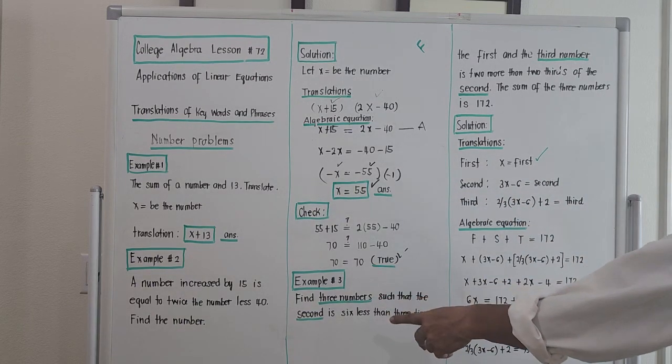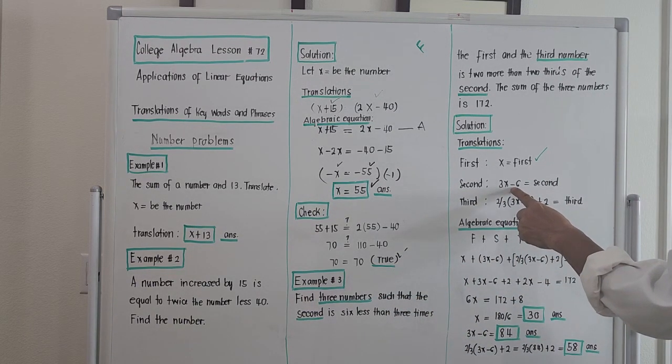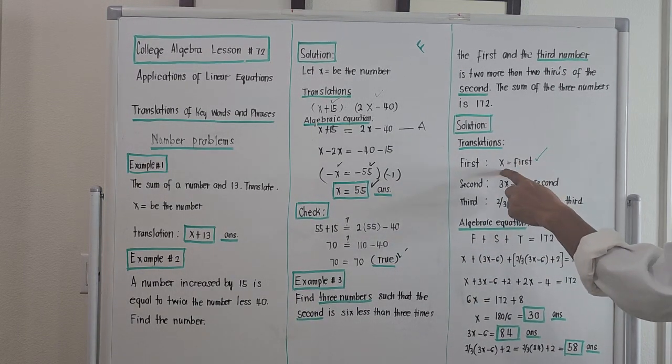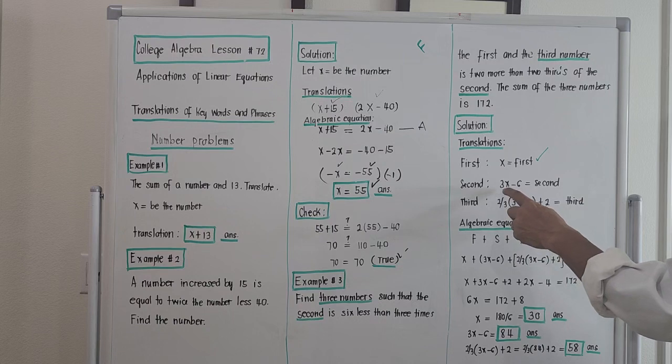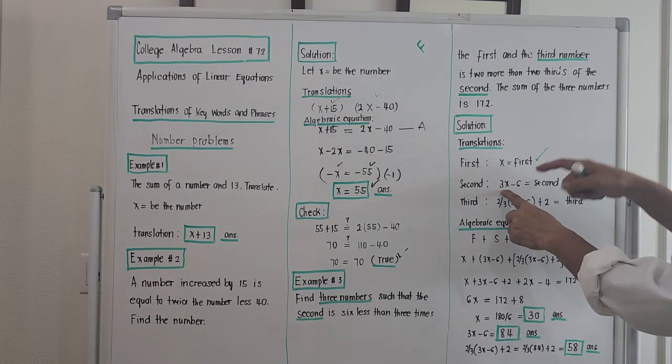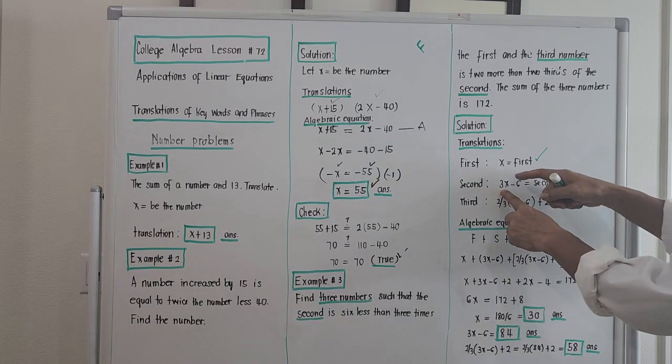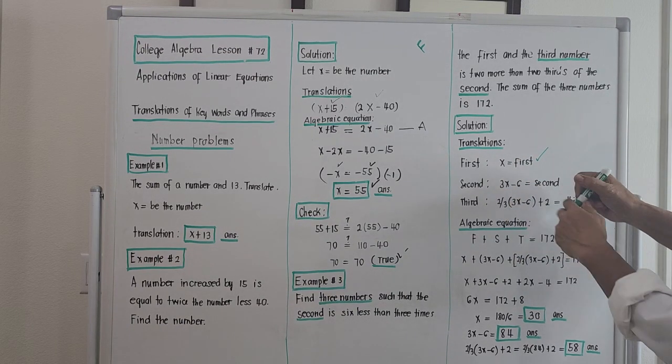If the first number is x, 3 times the first is 3x, and according to the condition of the problem, 3 times the first less 6 is the second number.